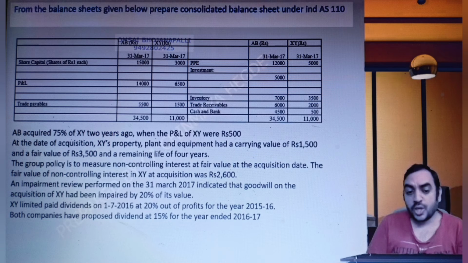To CONPL holding company share 80%, to NCI 20%. Let me know once it is done.